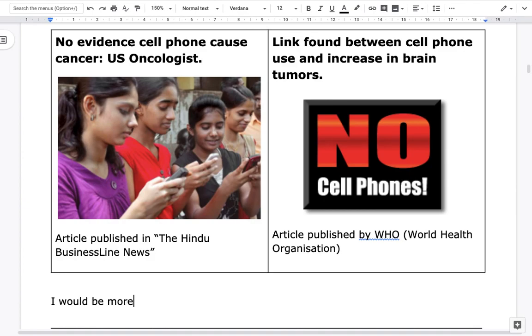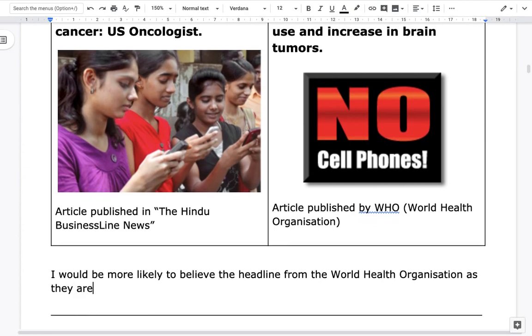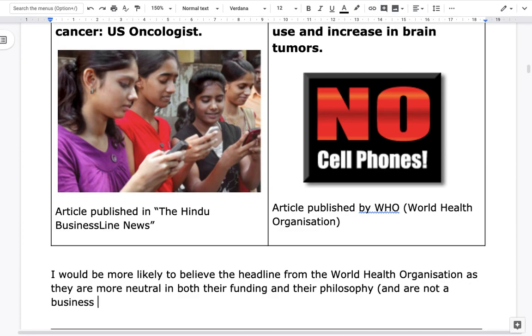So that's what I want to explain. I would be more likely to believe the headline from the World Health Organization, as they are more neutral in both their funding and their philosophy, and are not a business trying to sell me a product.